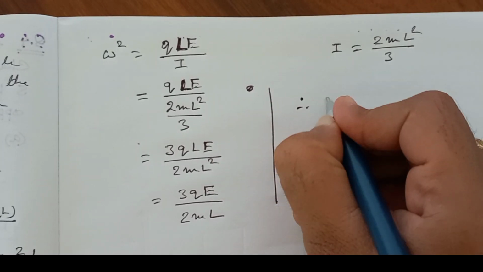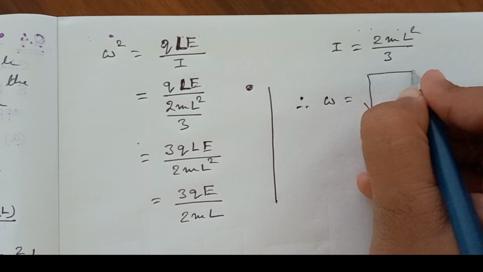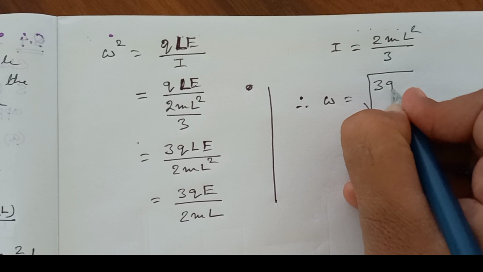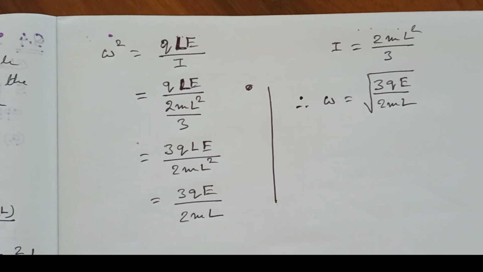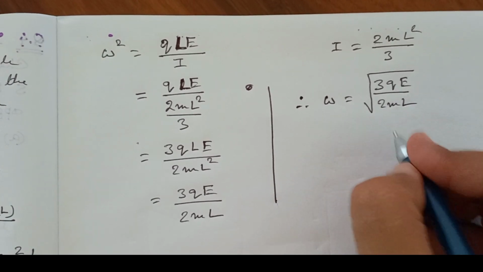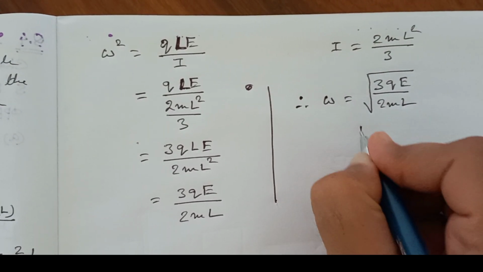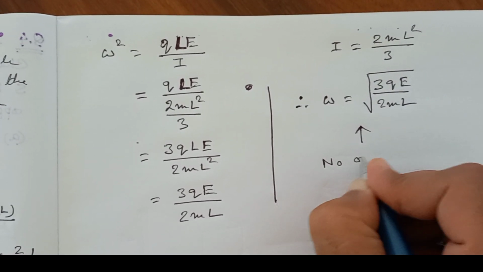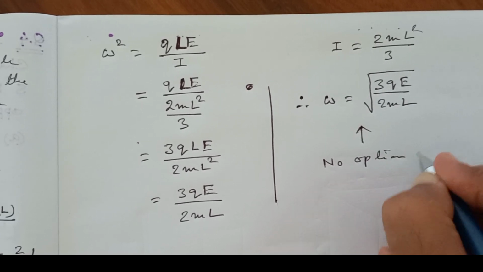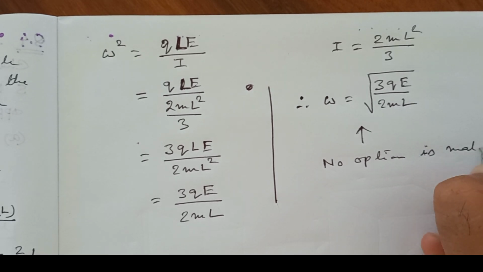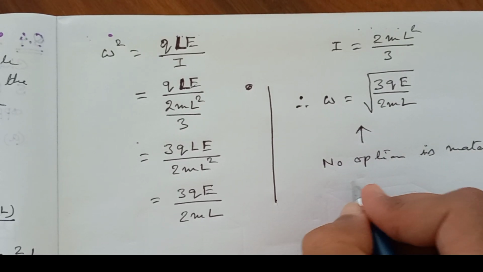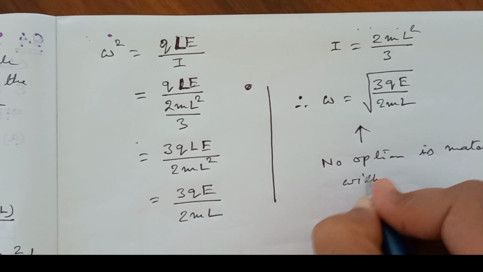Finally, omega is equal to root over 3qE by 2mL. So, no option is matched with the answer.